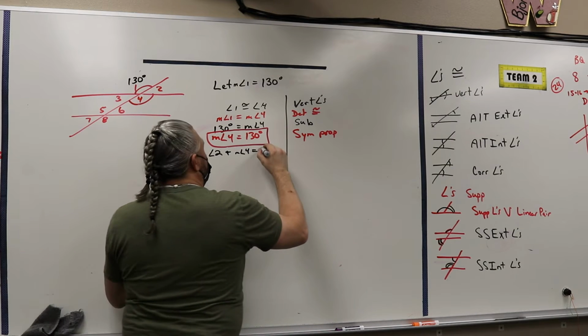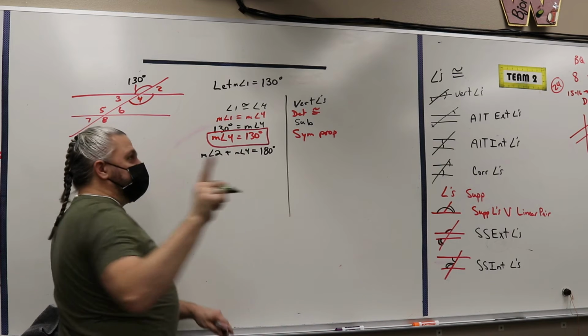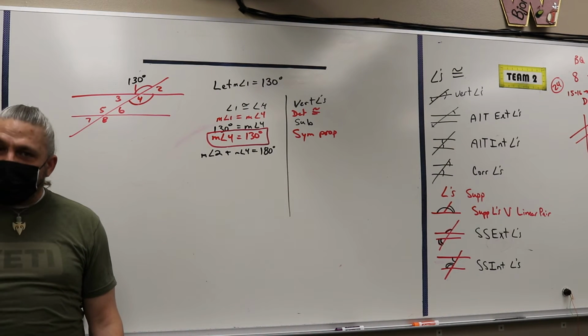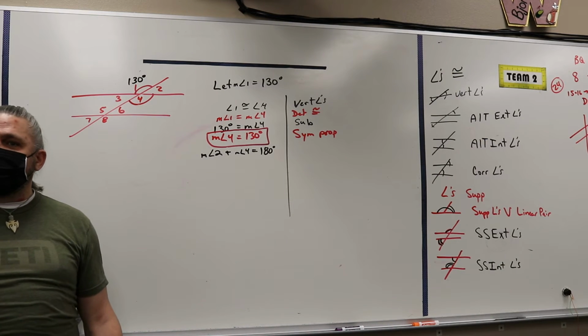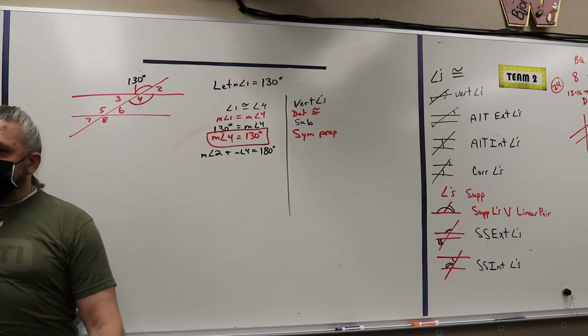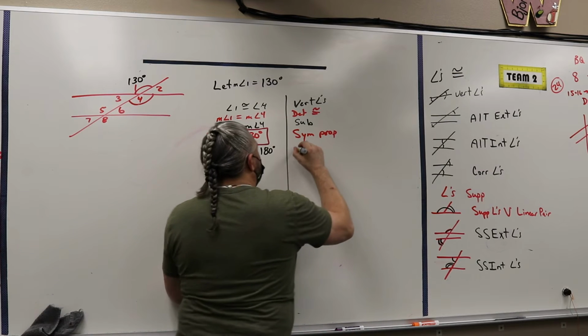Why? Because it's on the same line. So it's either definition of supplementary angles or a linear pair. You choose. Linear pair, okay?